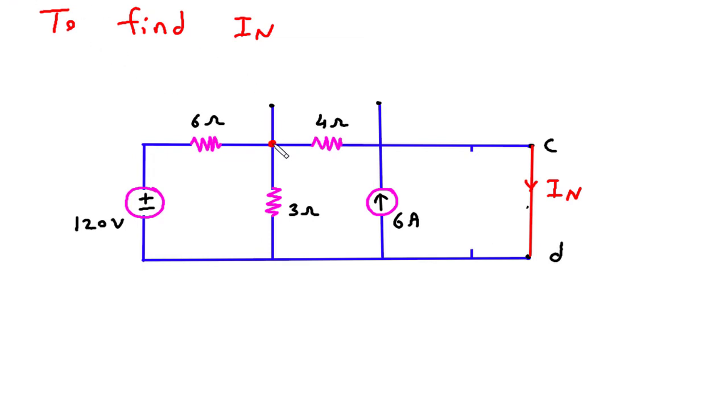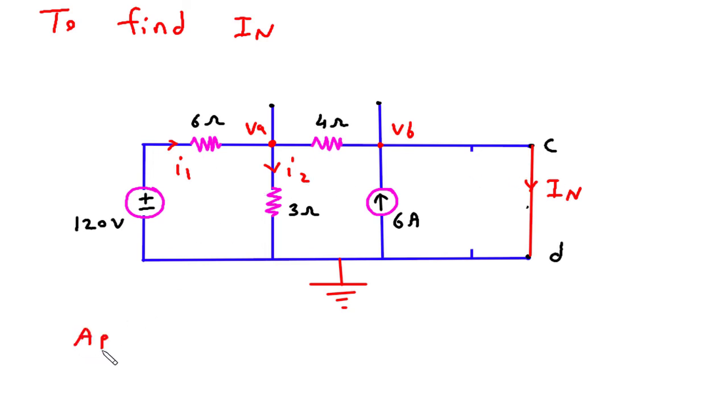Now let's say this is node VA and this is node VB. This is the reference node. Let's say this is I1, this is I2 and this is IN. So we will find IN using nodal analysis.